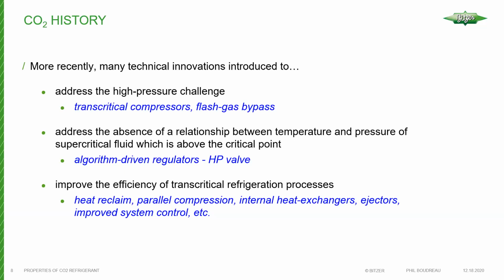Transcritical compressors is one of these innovations. Flash gas bypass, not really a new innovation, but something that's been used for many years. And as it turns out, it works out to be a really good technology for CO2 booster type systems. And other controls and such to address the absence in a relationship between pressure and temperature.